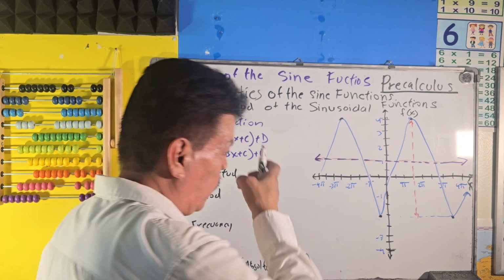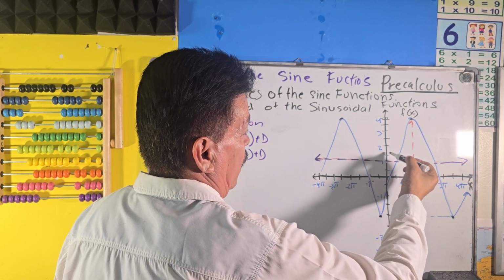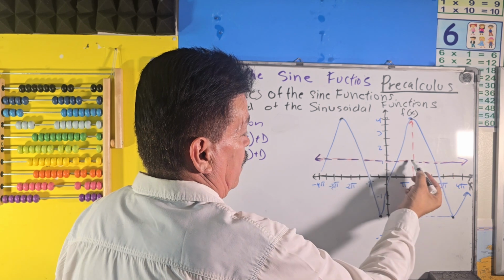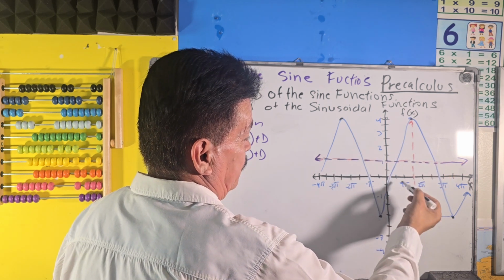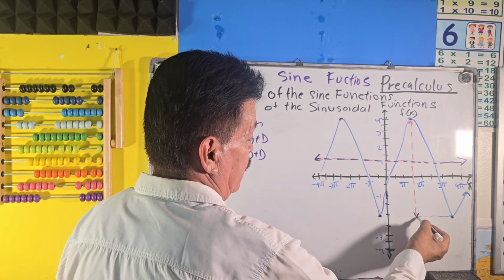So here we count 1, 2, 3, 4, the middle, and then 5, 6, 7, 8 here.